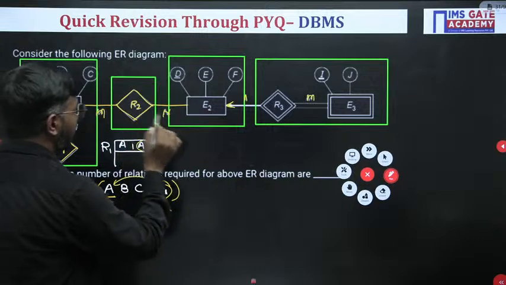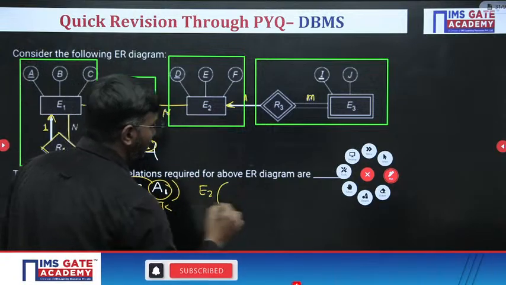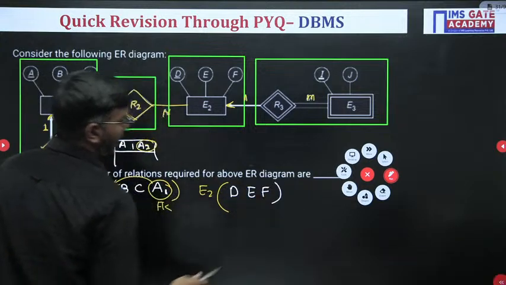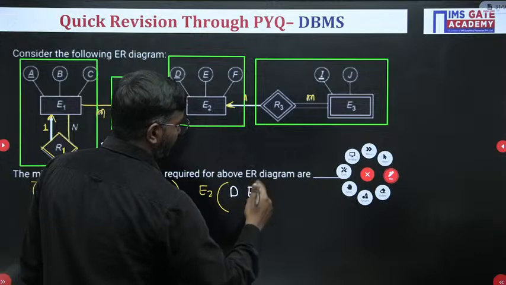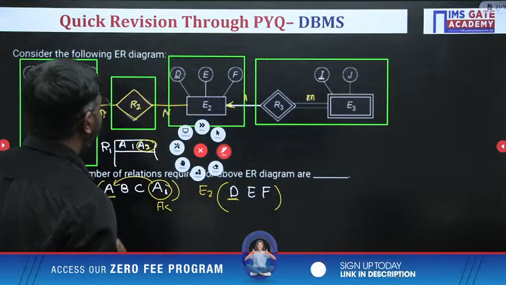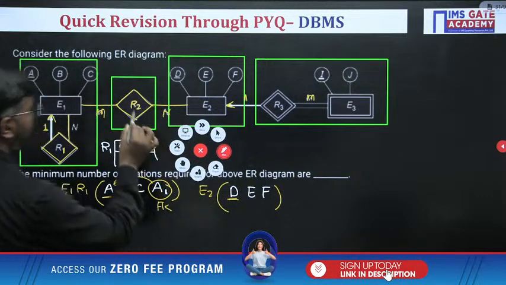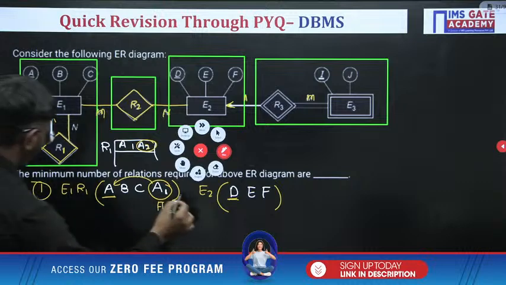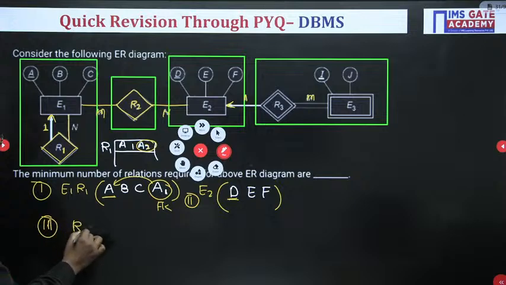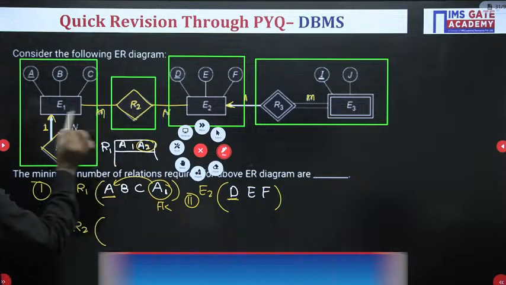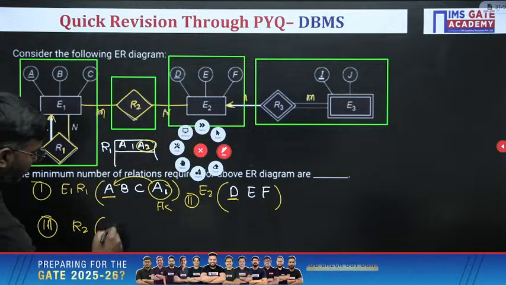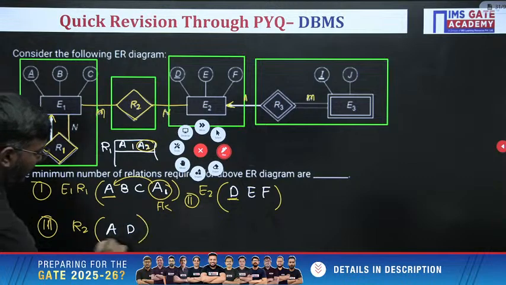Now next is E2. How many attributes does E2 have? It has D, E and F, and D is the key attribute. Next is R2, the third table. R2 has the key attributes of both participating entities, E1 and E2, so it takes A and D, and both combined form the key.